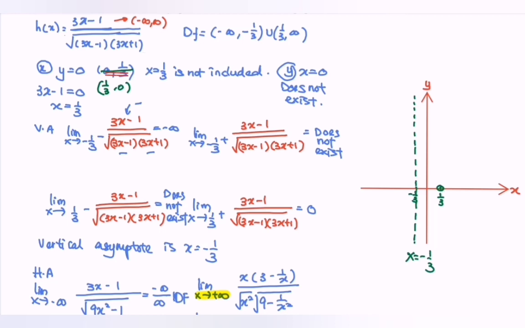Next we have the vertical asymptote x equals negative 1 over 3. Continue. Refer to the horizontal asymptote. We have approaching y equals negative 1. So here we have the negative 1. So this one is decreasing just now. Another one is y equals 1.